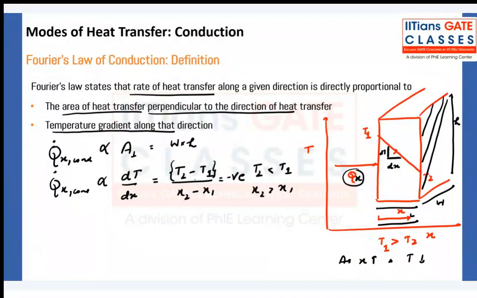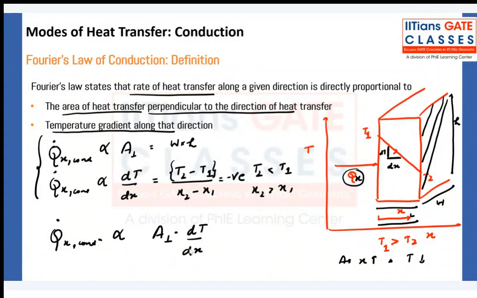Okay, so can we write, by combining these two, that heat transfer due to conduction in the x direction is proportional to the perpendicular area and the temperature gradient? Yes, we can write this.